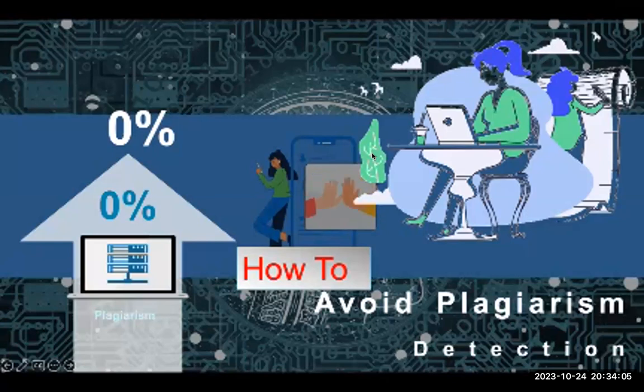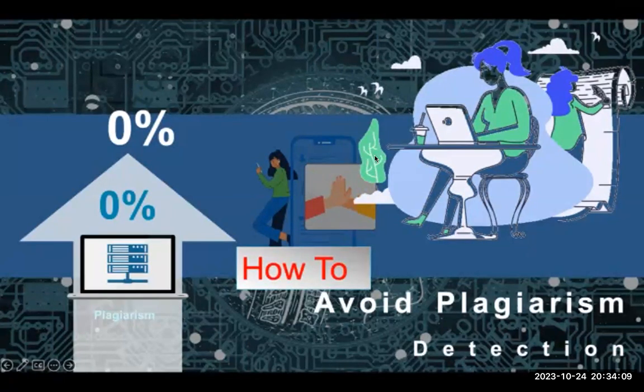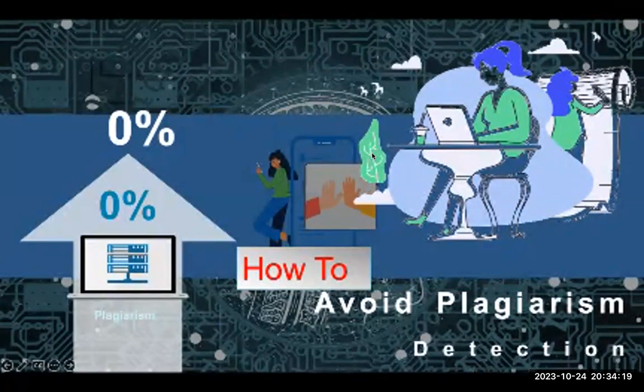Now, one last question. We have 4 types of plagiarism. Can you please name them? I just need the 4 names. If you don't remember all 4, please name whatever you remember. What are the names?